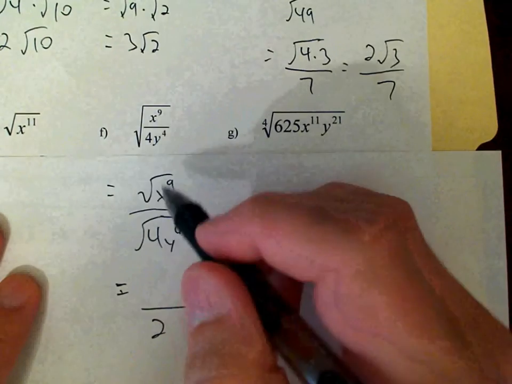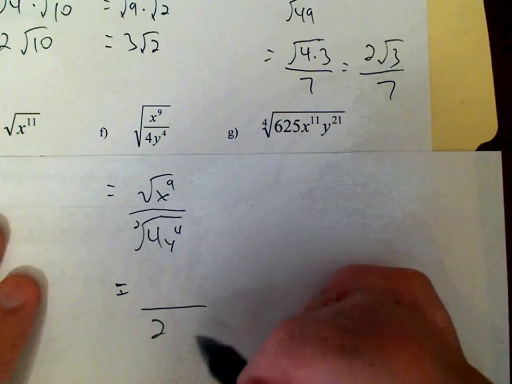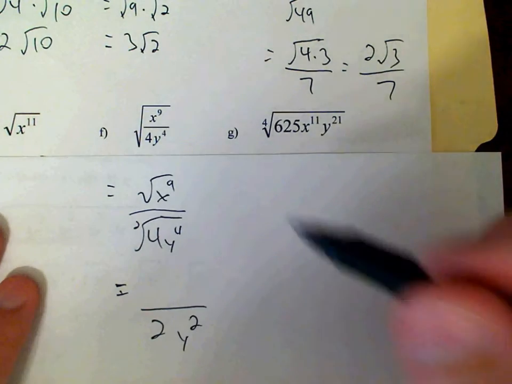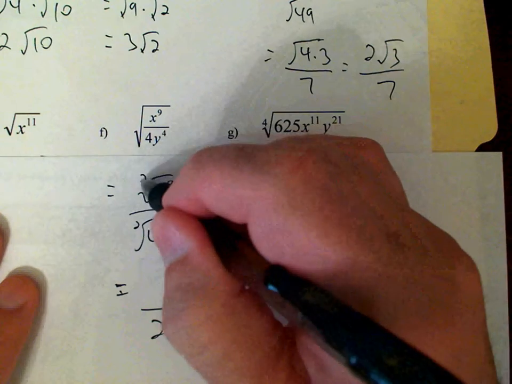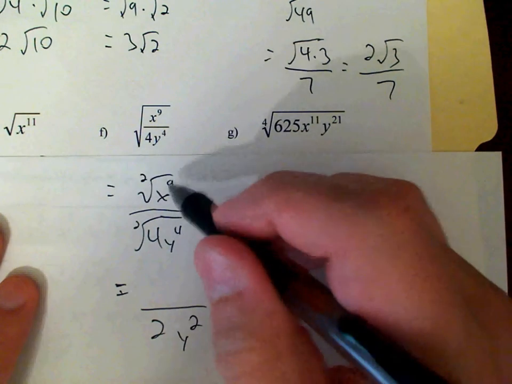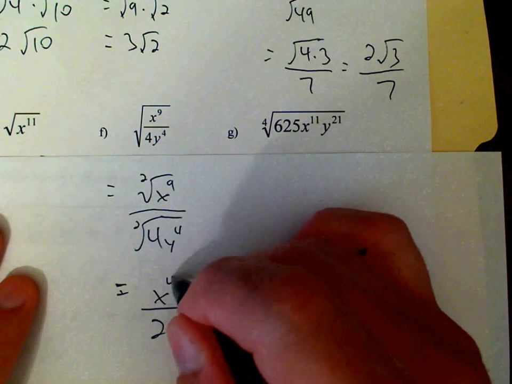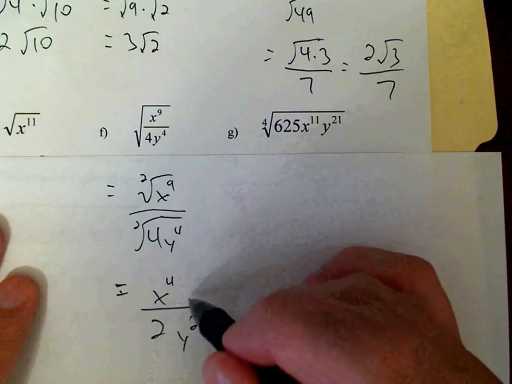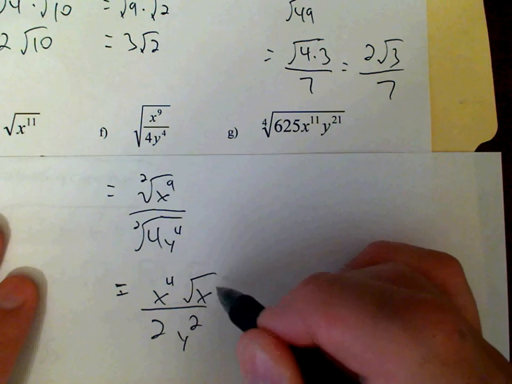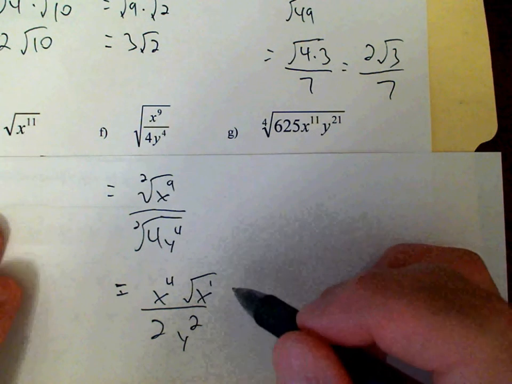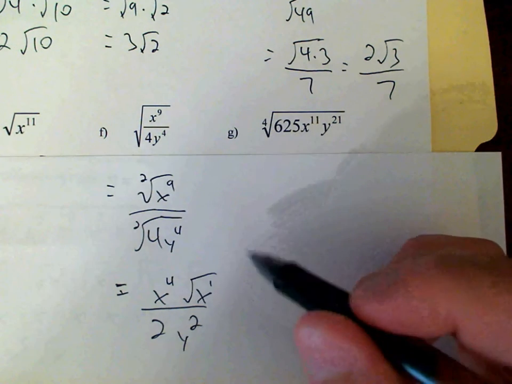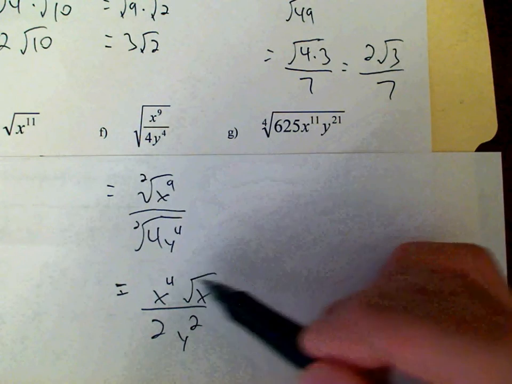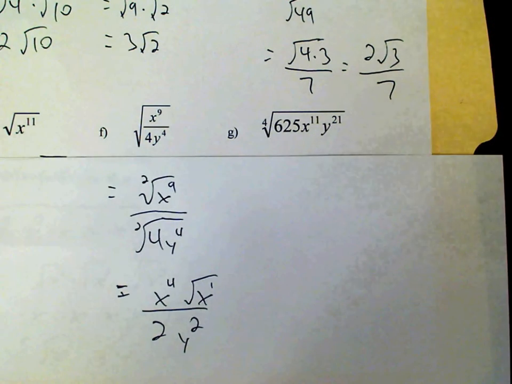The square root of y to the 4th, that 2 goes in the 4 2 times. Now, on the top part, the 2 goes in the 9 4 times, and then my remainder is 1, and that goes on the x on the inside. 2 goes in the 9 4 times, the remainder of 1. Shortcut way, the way I prefer to do it.